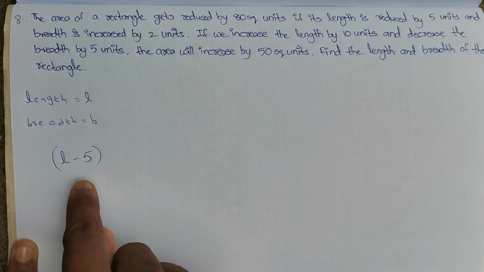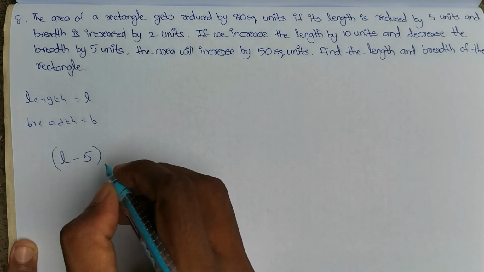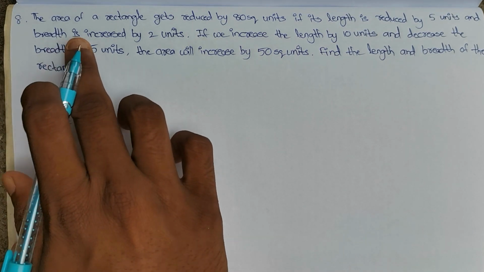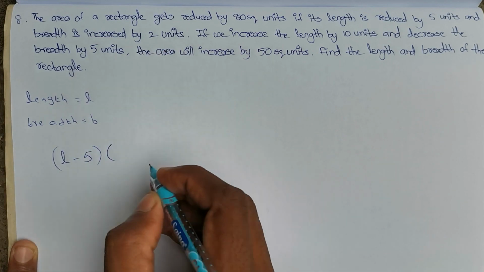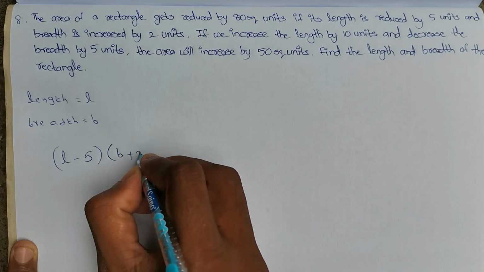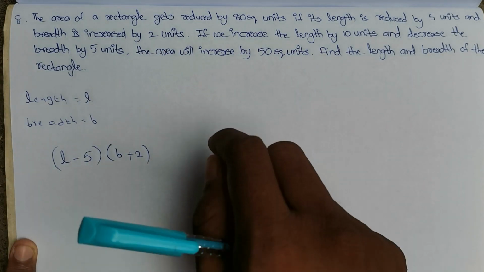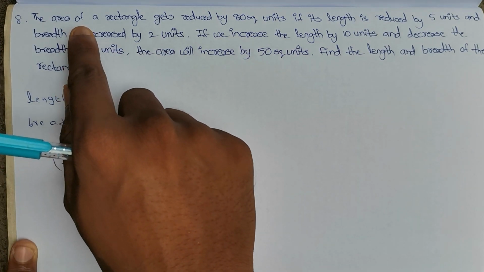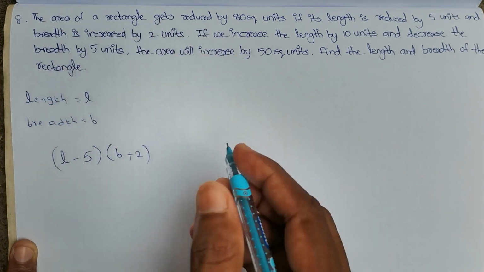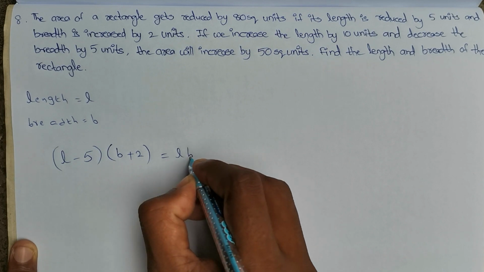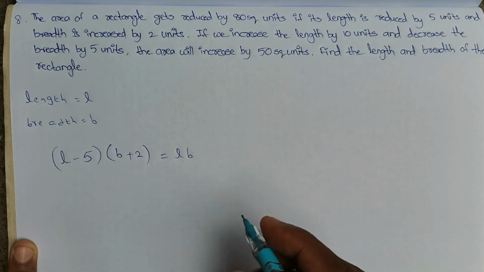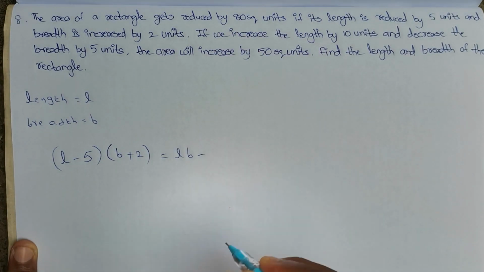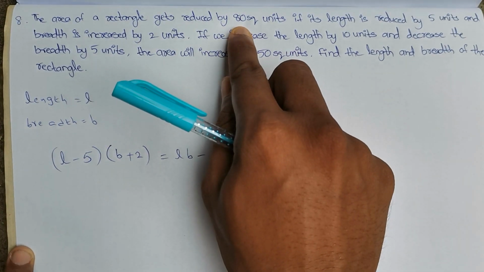We are finding area, so area is nothing but length into breadth. So that's why into. Breadth is increased by 2 units. Breadth increased by 2. Then what is happening there? Area gets reduced. Original area is L into B, LB. Now it is getting reduced, minus 80.